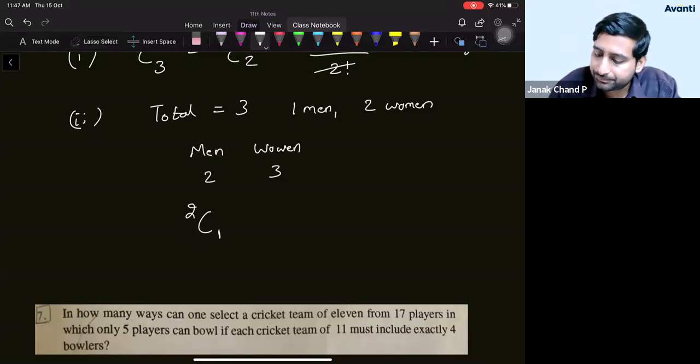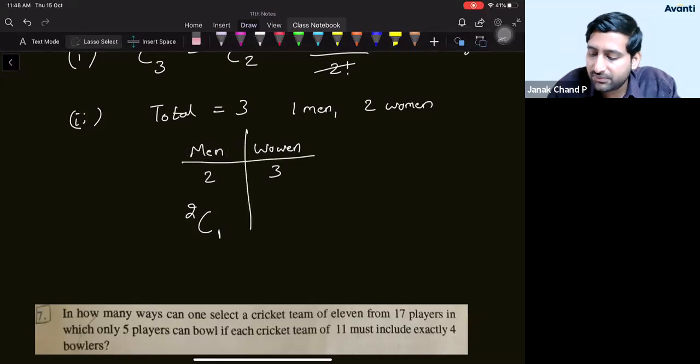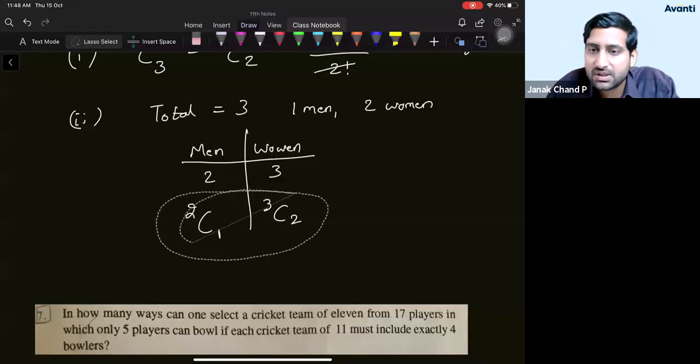Similarly, we have a total of 3 women available to us. But as the question specifies, we cannot take all 3. We specifically want only 2 women. The total number of ways of choosing any 2 women out of a total of 3 is 3C2. Yes, total is 3, but I want to choose only 2. Now the final answer is the multiplication of these 2.